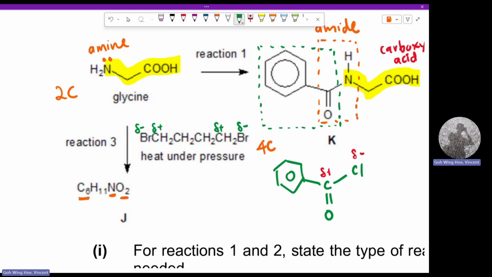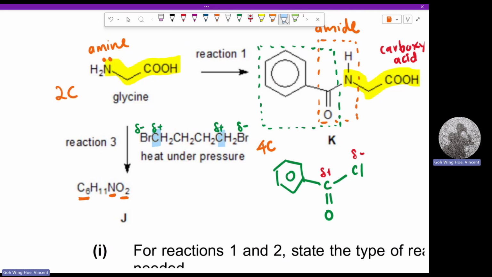So your 1,4-dibromobutane is effectively one molecule having 2 alkyl halide functional groups. The amine, as we mentioned earlier, has a nucleophilic end on the alpha amino group. So the lone pair on the nitrogen atom of the amine functional group can effectively come in and attack either of these 2 electron deficient carbon atoms.